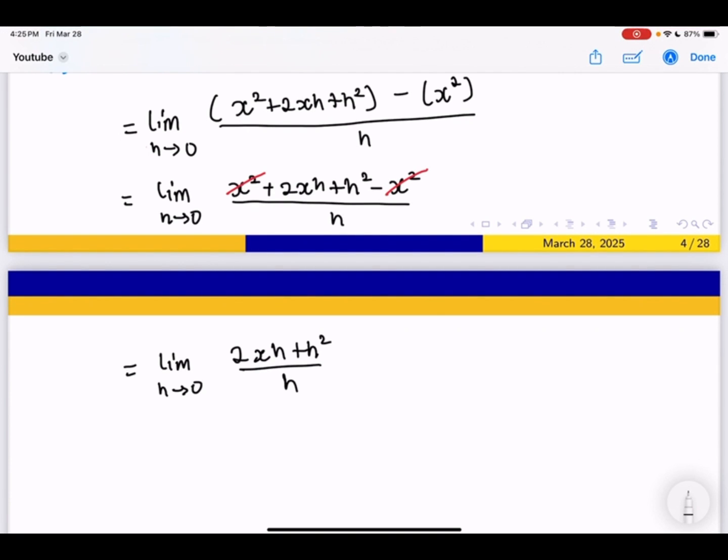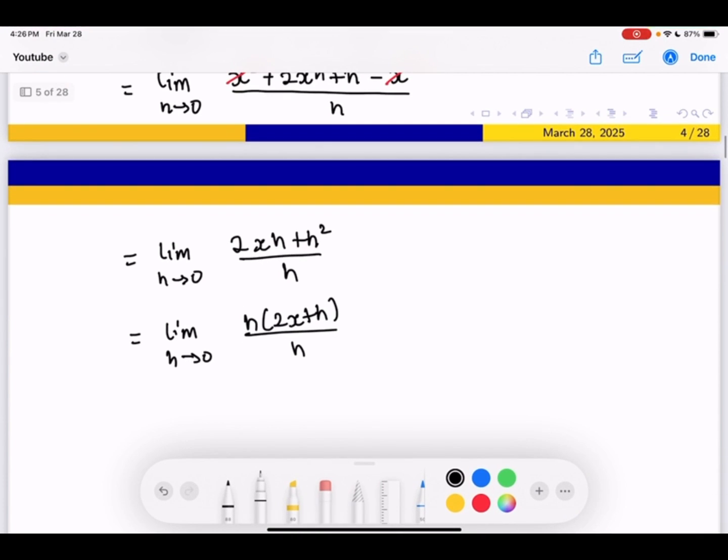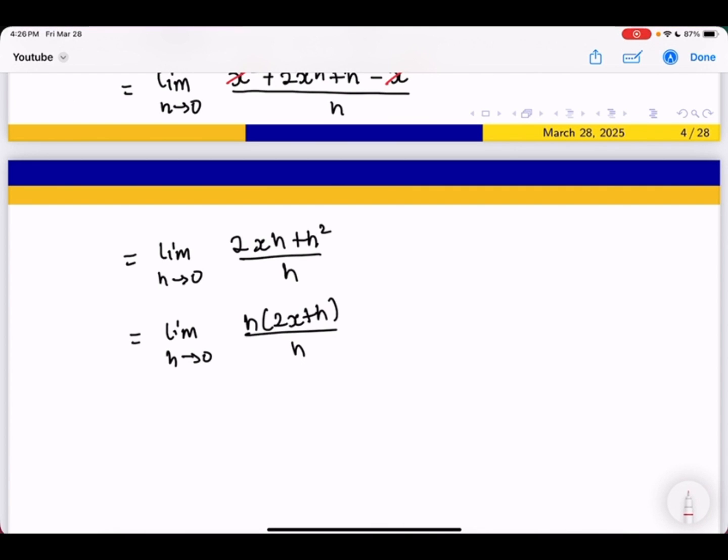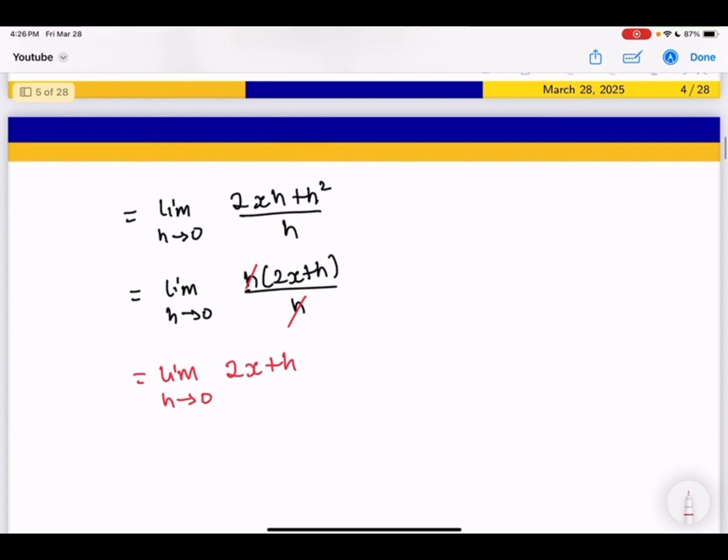Now if we want to find the limit, the expression should be in its least form, right? So here we can factorize h out. Factorizing h out gives h times 2x plus h, over h. So here h will cancel h. So we are going to have the limit as h goes to 0 of 2x plus h, which will be given as 2x plus 0, and that's 2x.